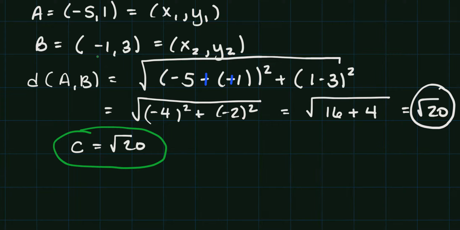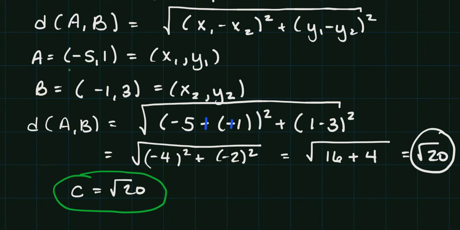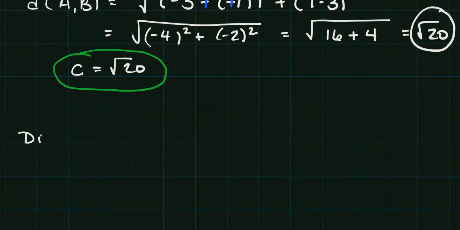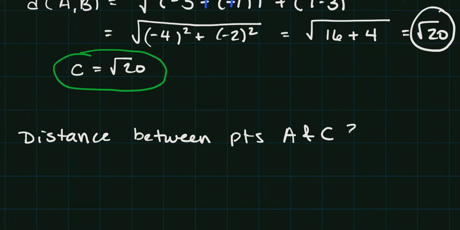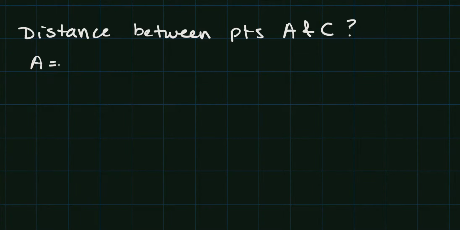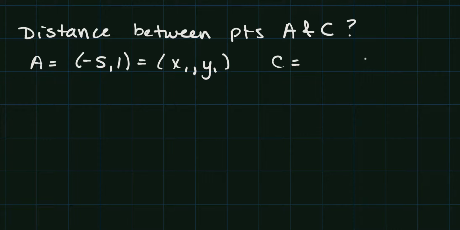And now let's find the distance between any other 2 points. So let's go with A and C. So let's find the distance between points A and C. Remember that A is the point -5, 1, which I'm going to label as x1, y1, and C is the point 0, 1, which is x2, y2 for our distance formula.